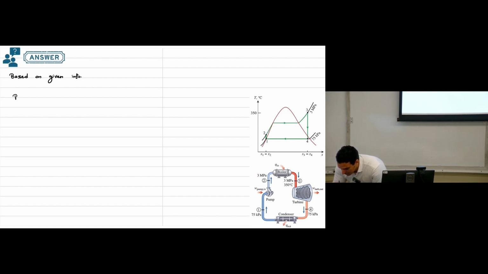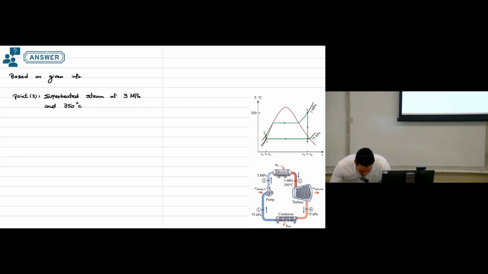So we have point number 3. This one is superheated steam at 3 megapascal and 350 Celsius.